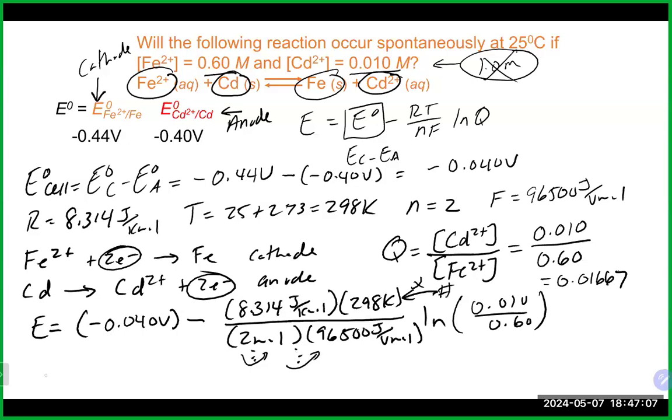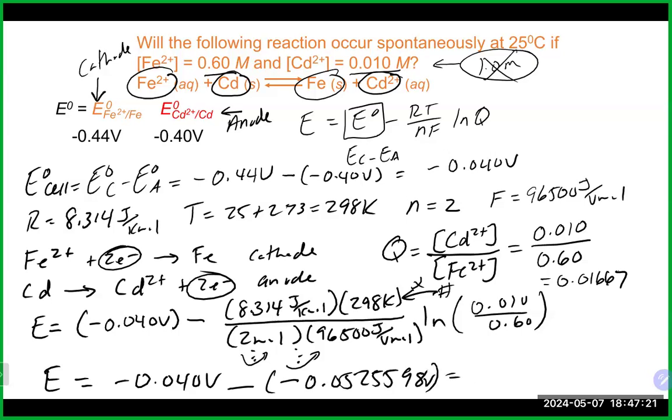If you do all that, you'll get E is equal to minus 0.04 volts minus a minus 0.0525598 volts. Didn't feel like rounding too much, apparently. So that's going to give us minus 0.04 minus our answer, and we'll do a little rounding at this point.